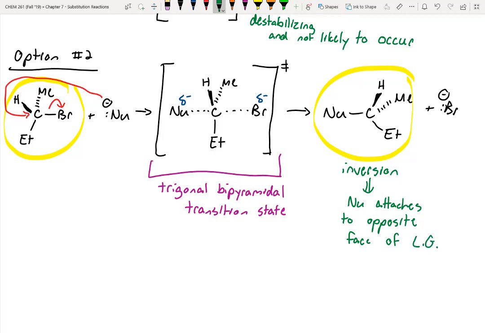Does that make sense? It's kind of like an umbrella flipping inside out. The nucleophile hits the backside, your umbrella kind of goes flat, and then it inverts all the way. So it's like an umbrella on a windy day is a way of thinking about it.